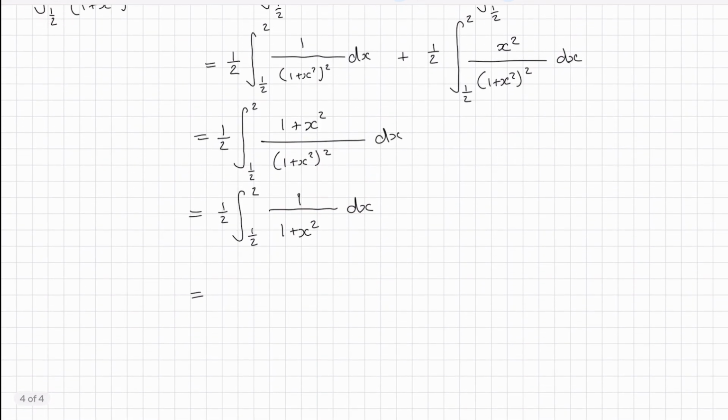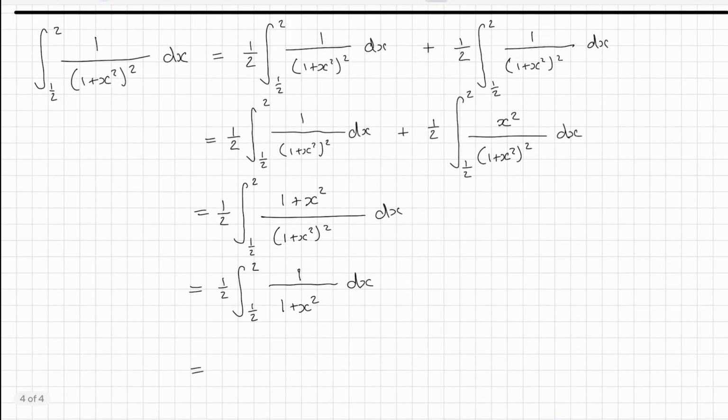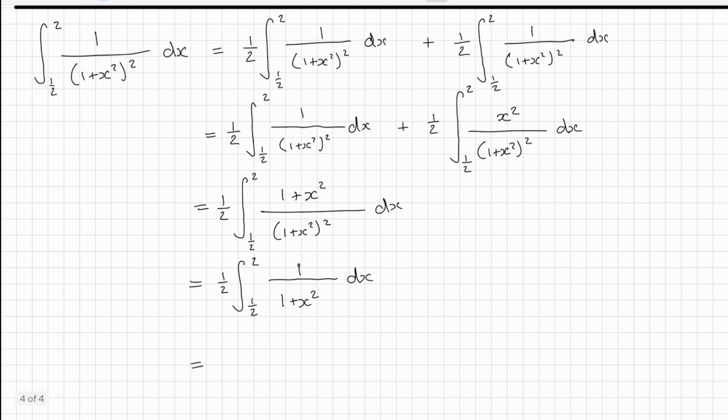So therefore, what I'll do to write it explicitly, you've got the integral of 1 over 1 plus x squared dx is equal to a half times the integral that we just showed.